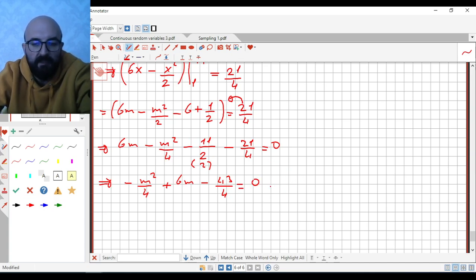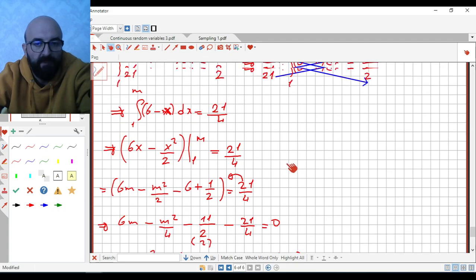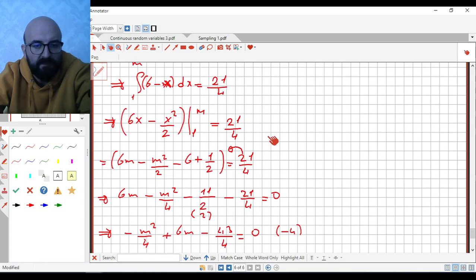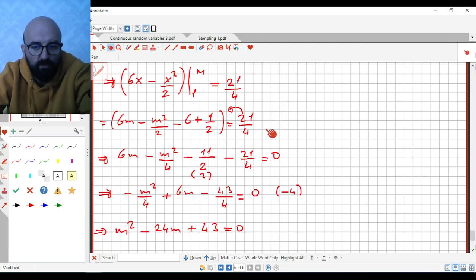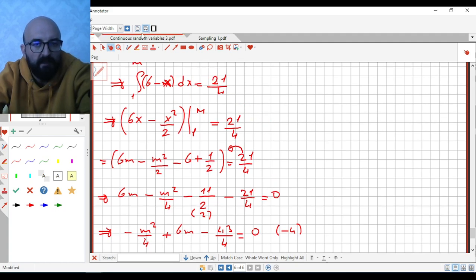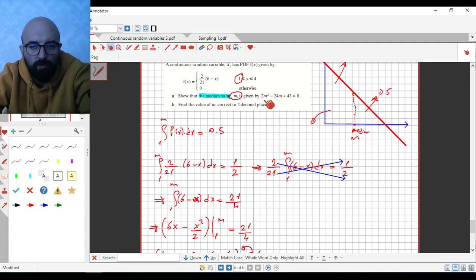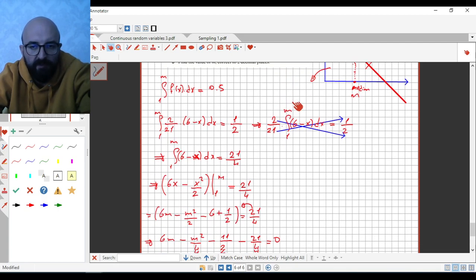If I multiply both sides of the equation by negative 4, it becomes m square minus 24m plus 43 equals 0. But they said 2m square minus 24m plus 43, so I want to check my process.